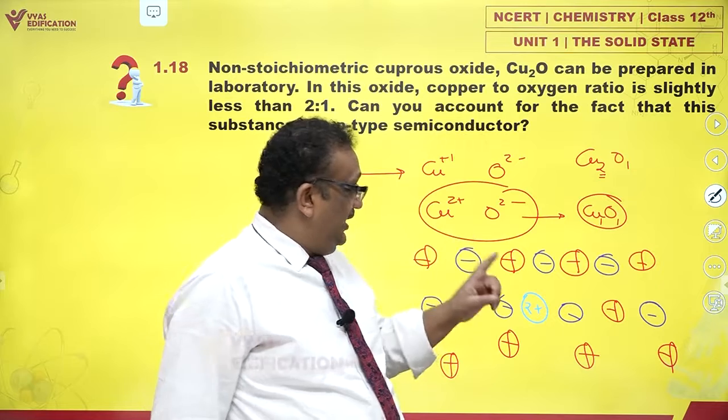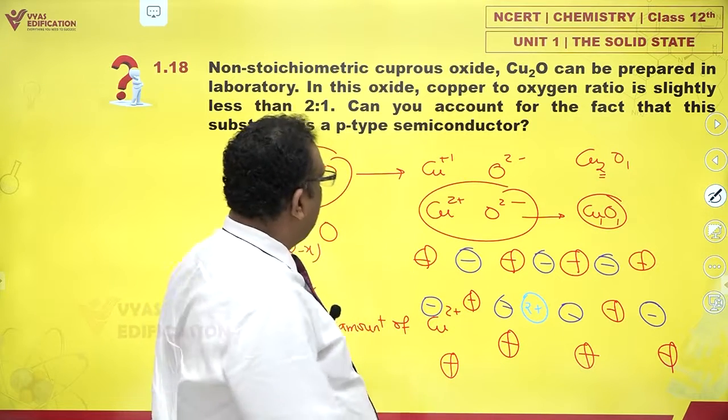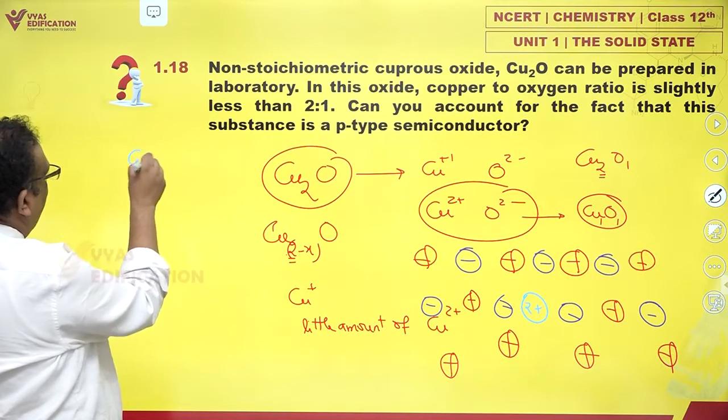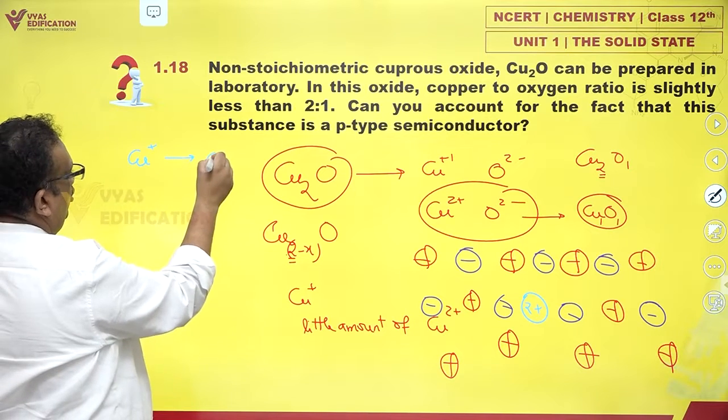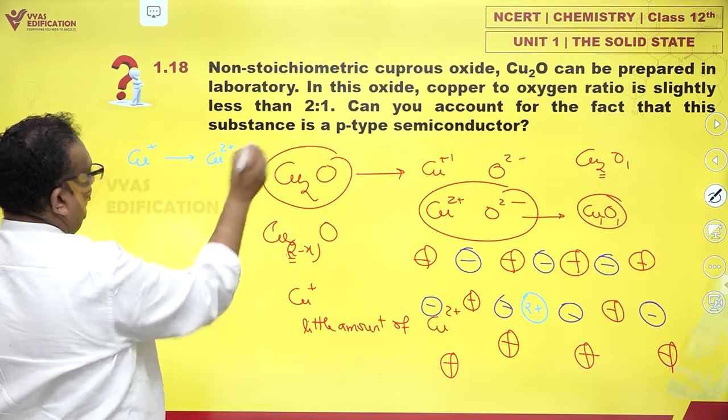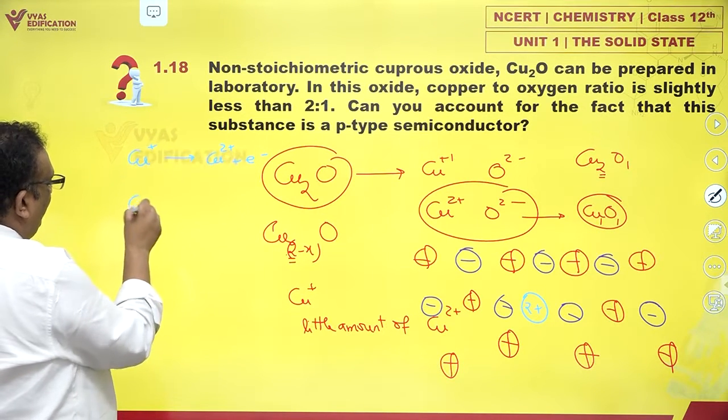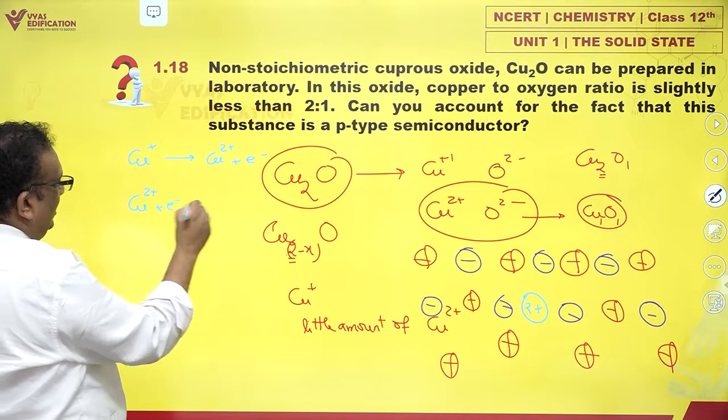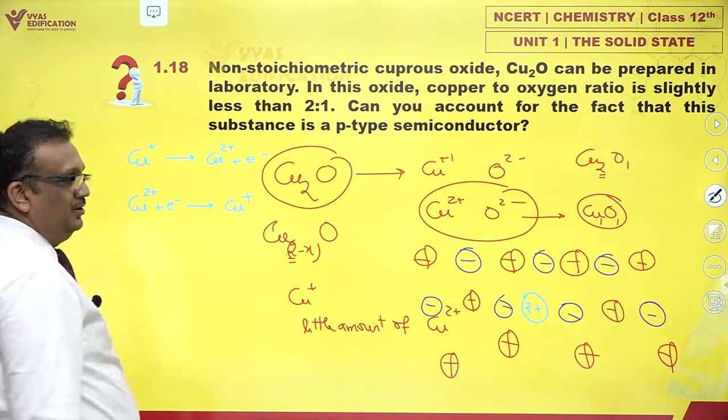Now what? If copper +1 loses an electron, it can form +2. And if copper +2 gains an electron, it can form copper +1.